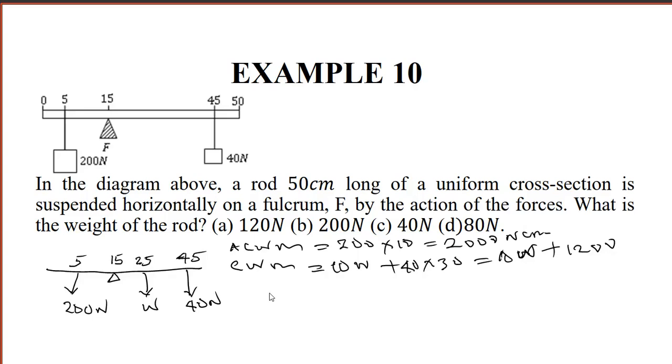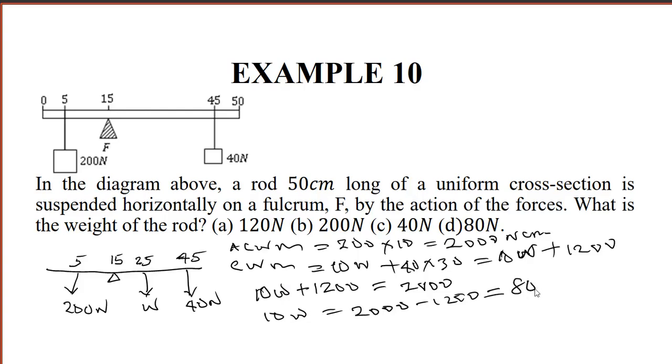So we have anti-clockwise moment equal to clockwise moment. So 10W plus 1200 is equal to 2000. So 10W is 2000 minus 1200. 2000 minus 1200, that's 800.